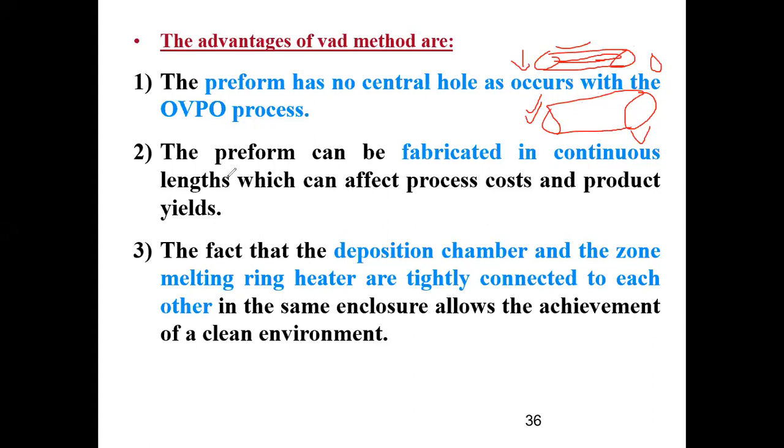Okay, so the preform can be fabricated in a continuous length which can affect process cost and product yield. It is due to the central hole which is absent in case of VAD technique. Now the next advantage is the fact that the deposition chamber and zone melting ring heaters are tightly connected to each other in the same enclosure.